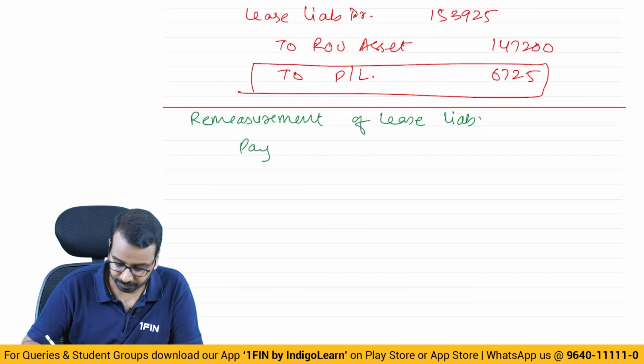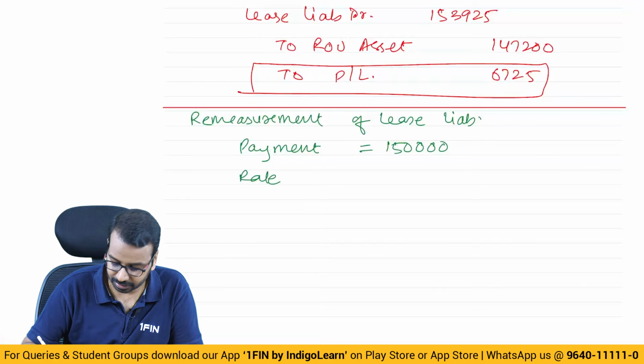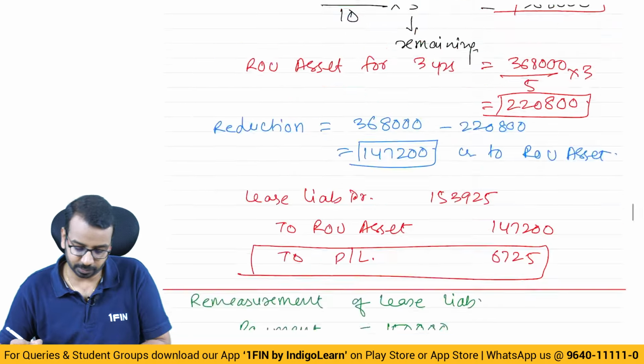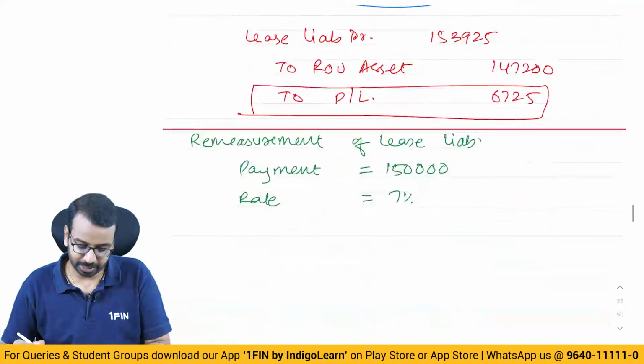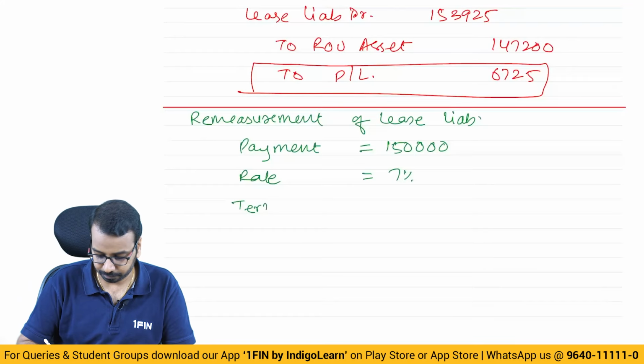Payment is equal to 1,50,000. Applicable rate is equal to 7%. 7% only they gave, no? Applicable rate is 7% and term is equal to 3 years.